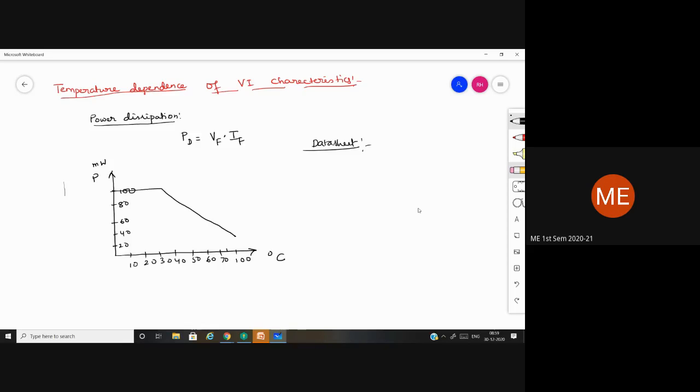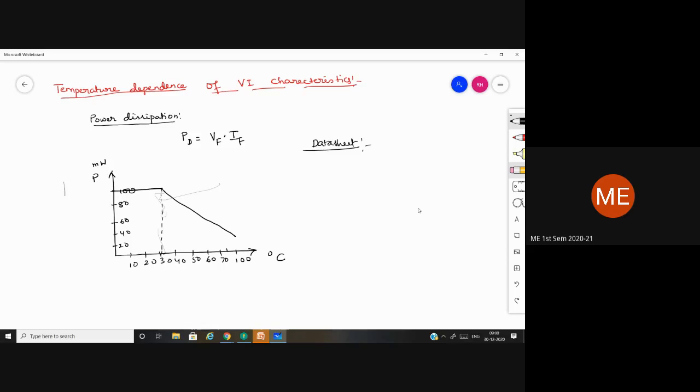So here what you can observe is, at this particular temperature, around 30 or 27 degrees, the room temperature, till then the power given out is maximum. Power is maximum, 100 milliwatt it is giving.